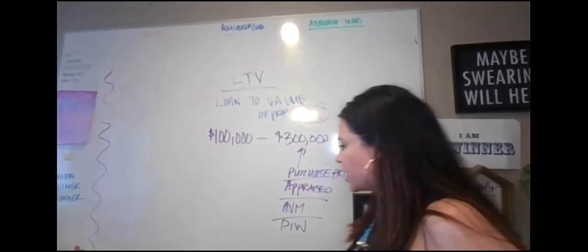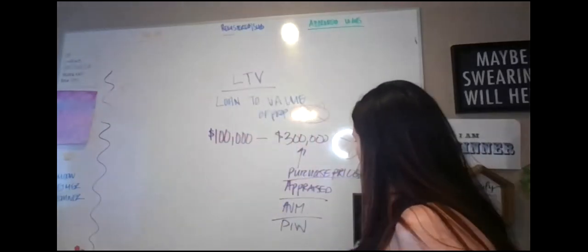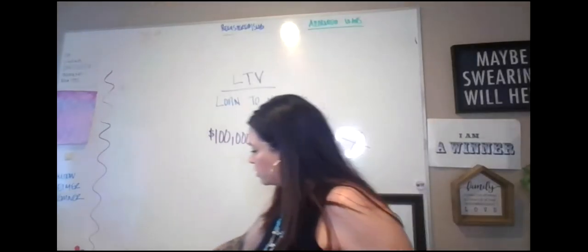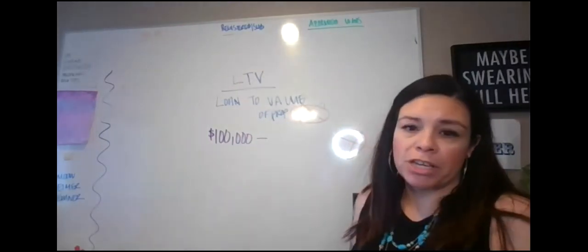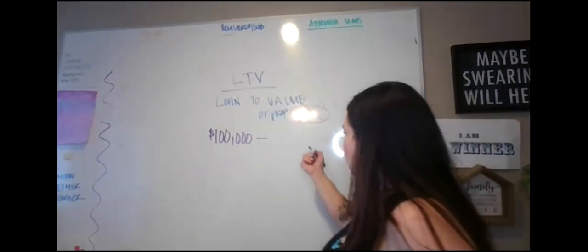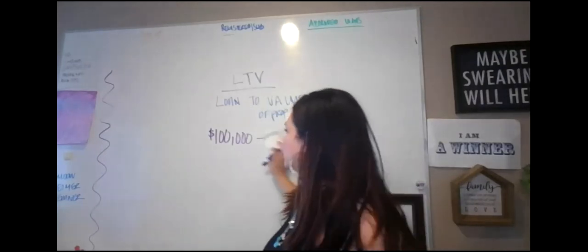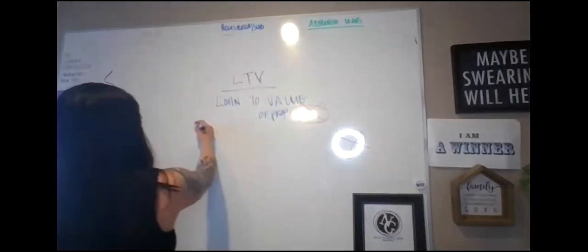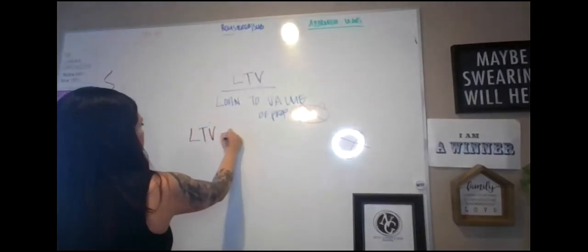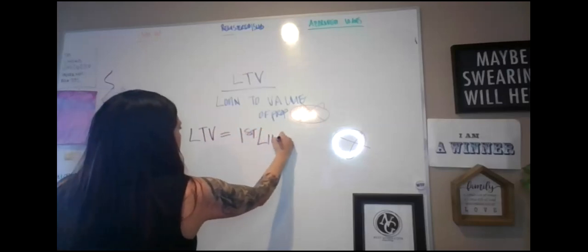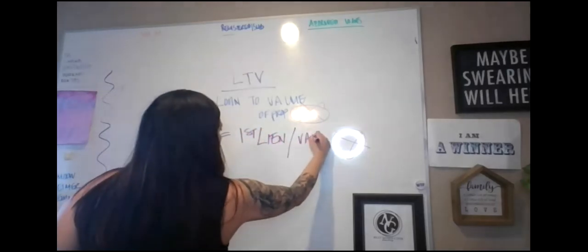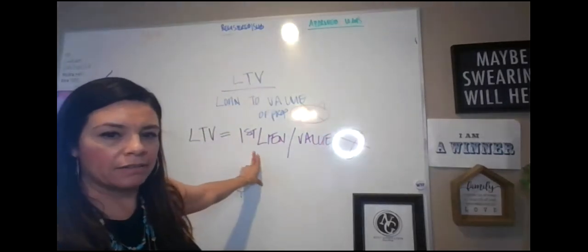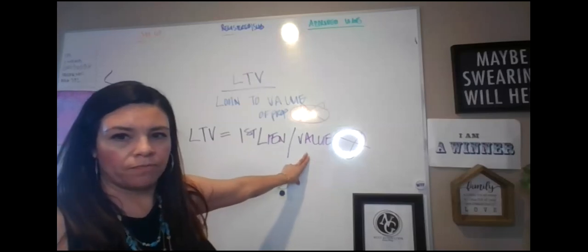So where it gets tricky is if you have a first and second. You have different combinations or calculations for loan to value. Basic loan to value is going to be your first lien against the value of the home.